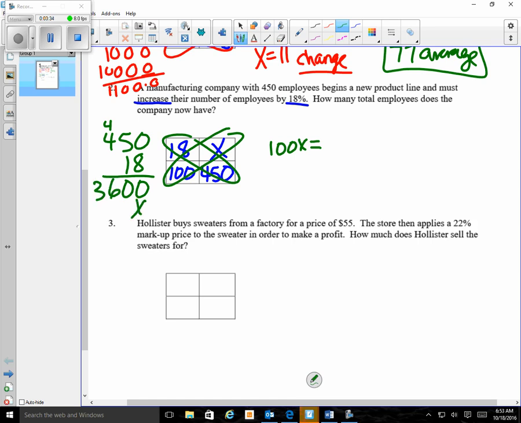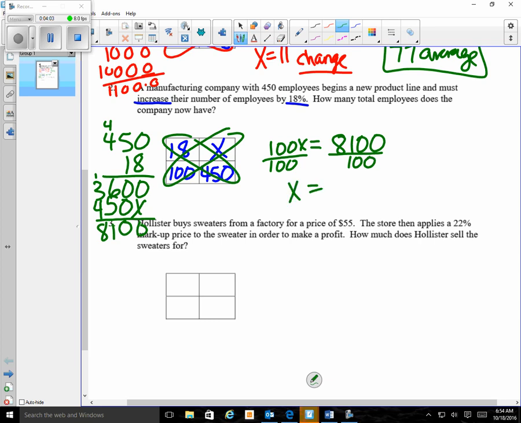Now I'm holding my place marker in the ones place value next because I'm multiplying by the tens now. So I have 8,100. Now one step equation, I'm going to divide both sides by 100.